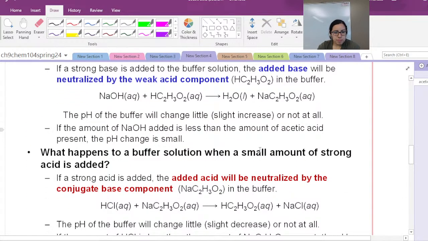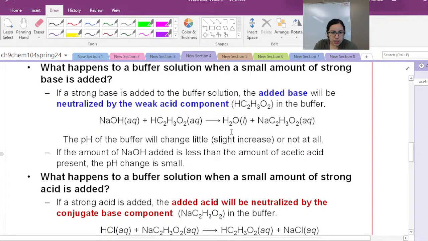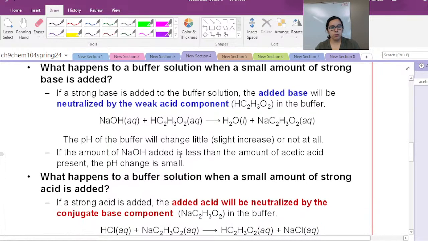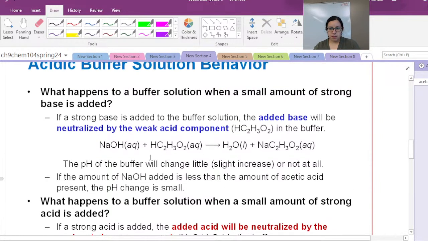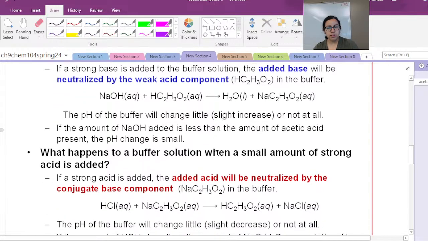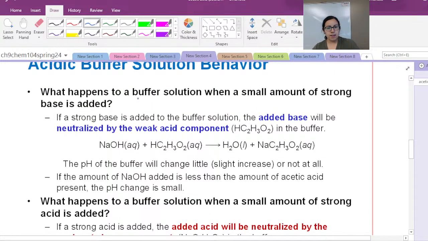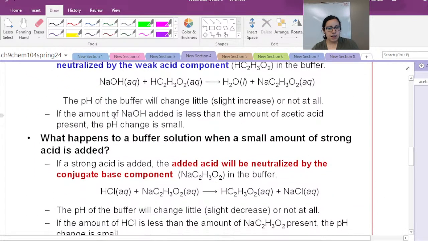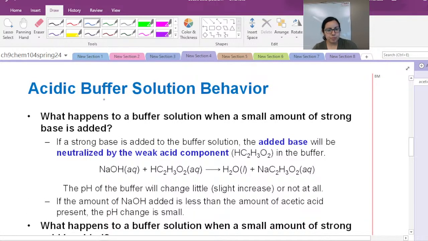This is very wordy, but all it's saying is that you have your component that reacts with your acid system. Let's say this is focusing on our acetic acid buffer system, so this is for our acetic acid acetate buffer.